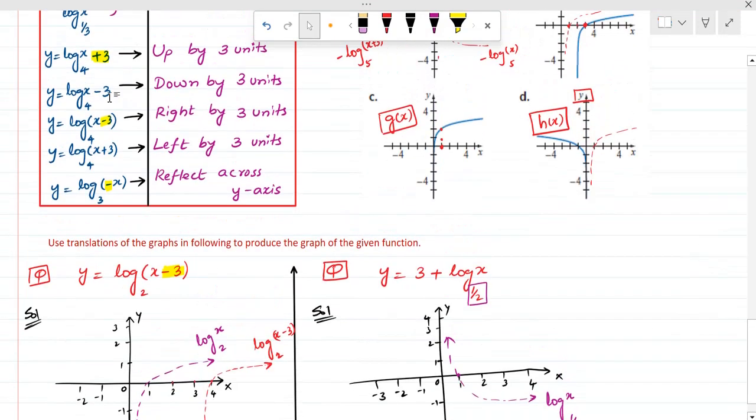So this is 1 unit, and it jumps 2 units, 3 units. Therefore the graph looks like this. So this is the graph of 3 plus log x base half. With this, the graph of the logarithmic function is completed. Thank you.